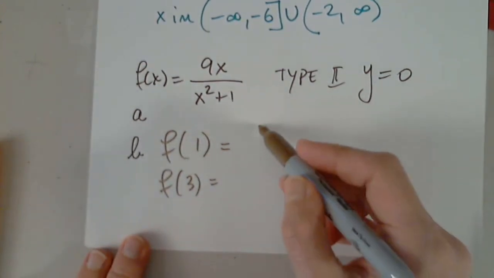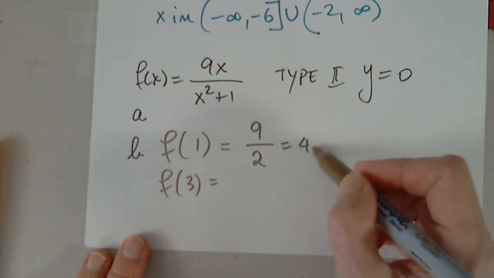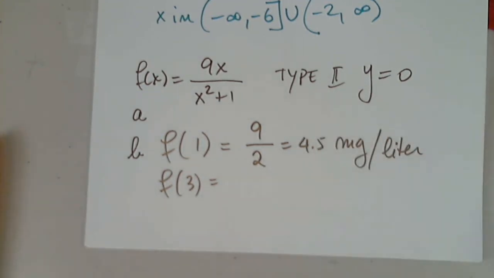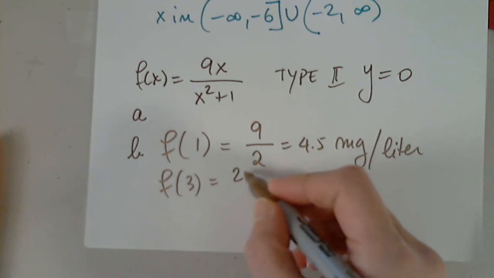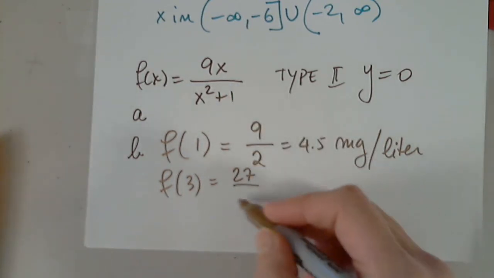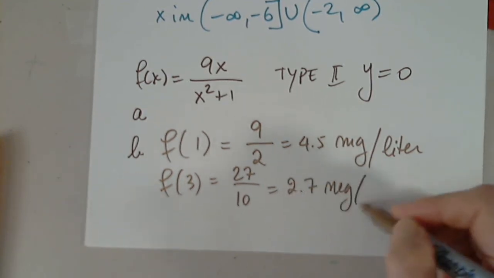F of 1, the top is 9 and the denominator is 2. We can say 4.5 milligrams per liter. We have to write the measurement unit. And for 3, we have 9 times 3, which is 27. 3 squared is 9. 9 plus 1 is 10. So this is 2.7 milligrams per liter.